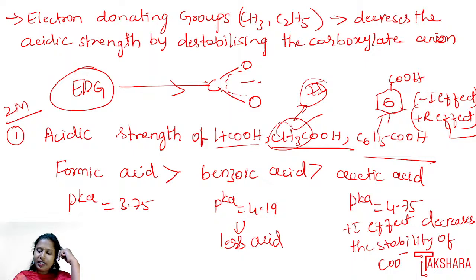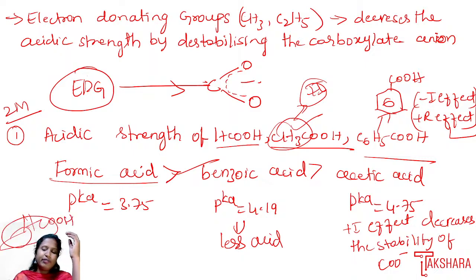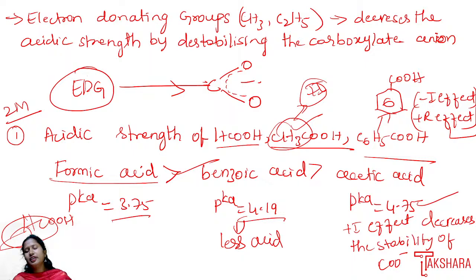What does it do to the carboxylate ion stability? It decreases it. So it is very less acidic in nature than that of benzoic acid and formic acid, we can say. Now when it comes to formic acid, there is a hydrogen atom here, so no such effects influence formic acid as in benzoic acid and acetic acid, so that we can give the order like this. See, here 3.75 is lower, then 4.19, then again it increases to 4.75, so that is the acidic strength of formic acid.